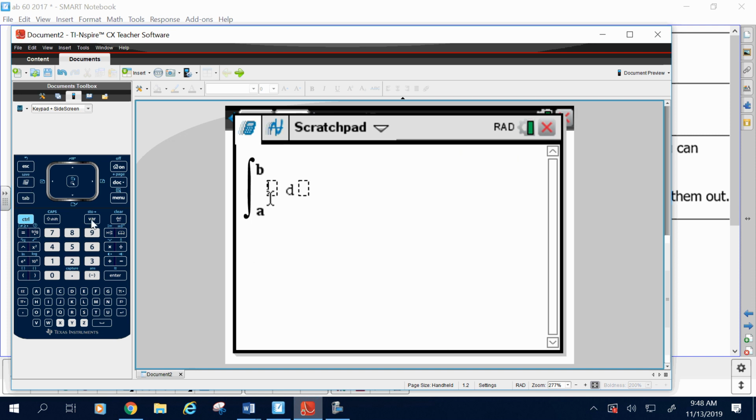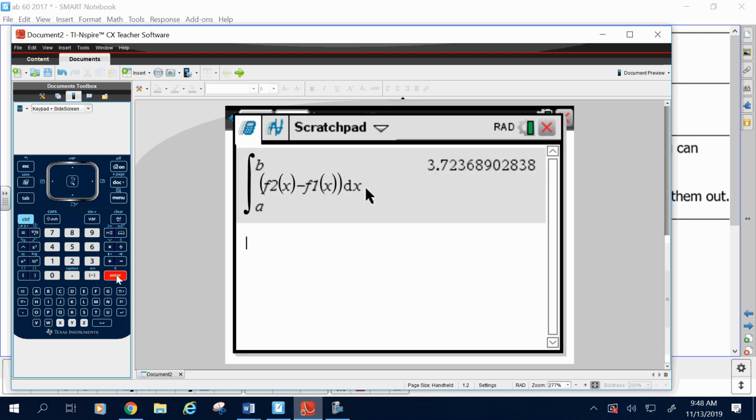It depends on the order you used, but surely you need to get that order right. And when you do that, you better see a positive. If you don't, you better bust out the old eraser because you did it wrong.